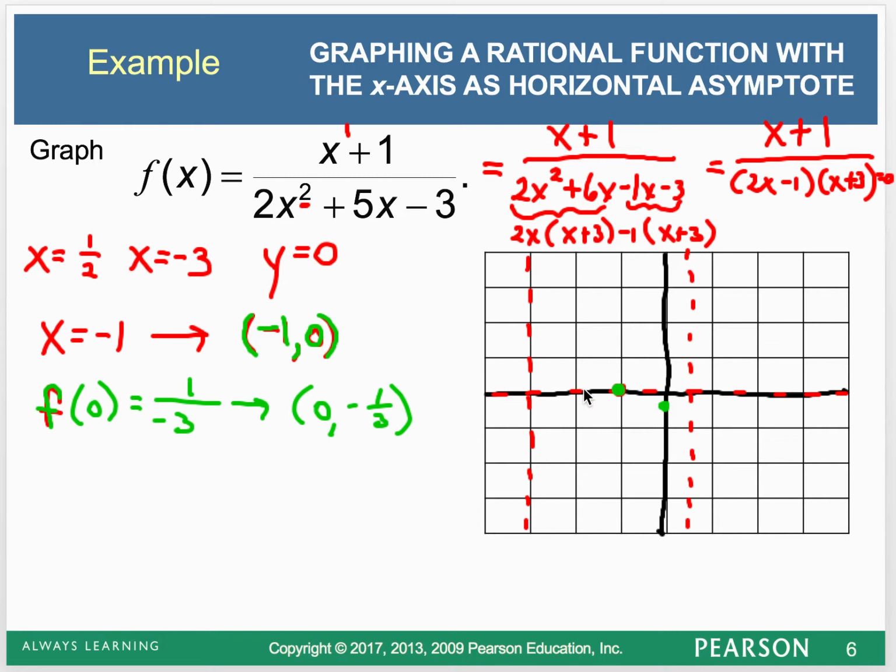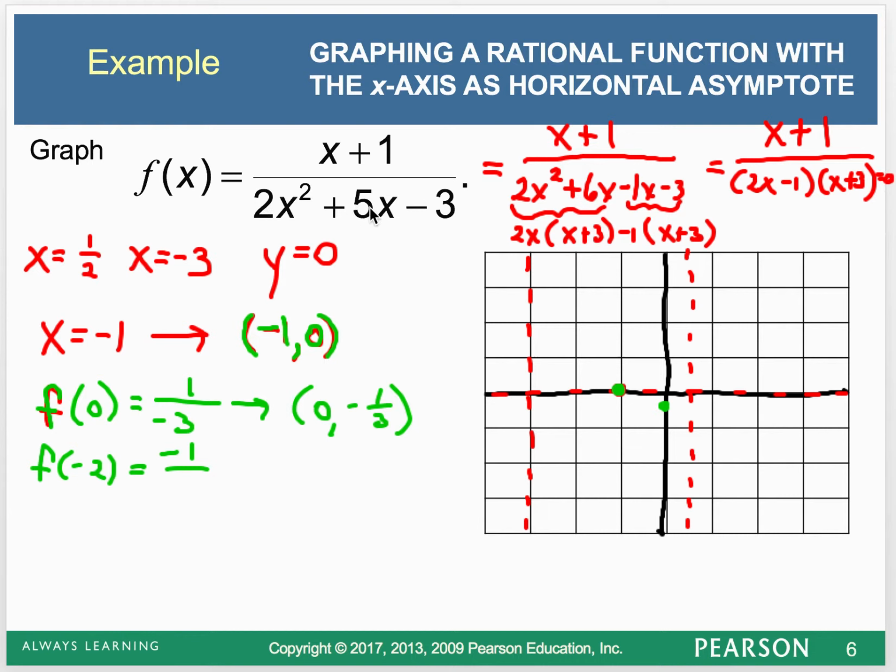So if I plug in f of -2, I get -2 plus 1 is -1. If I put a -2 in here, -2 squared is 4 times 2 is 8. 5 times negative 2 is negative 10.